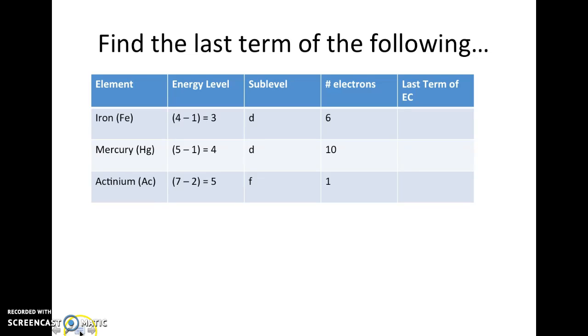It was found in the F block, which means I have to subtract how many from my period? I had to subtract 2, which gets me 5. So when I put all of these things together, the energy level, sublevel, and number of electrons, I get my last terms, which were 3d6, 4d10, and 5f1.